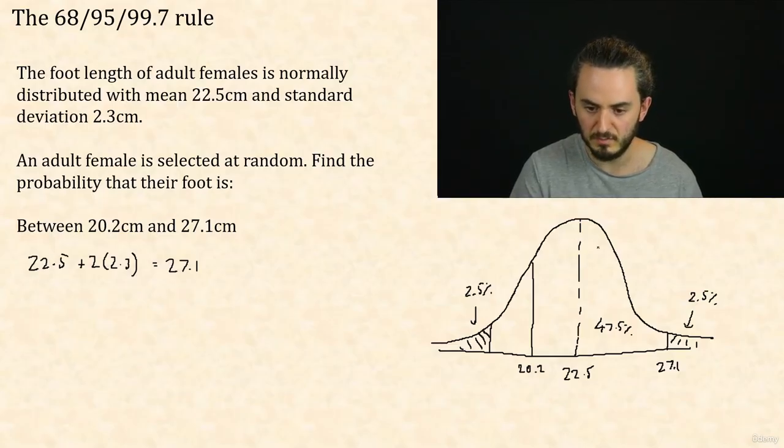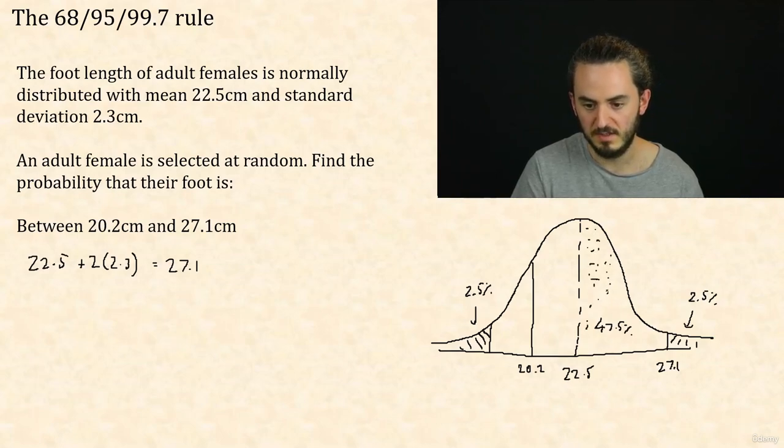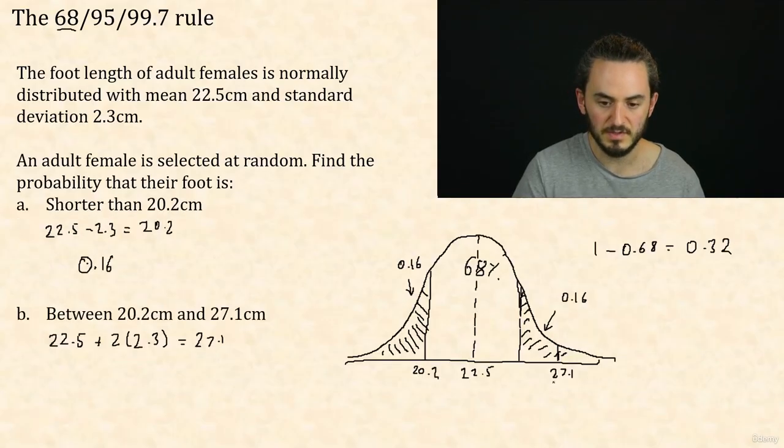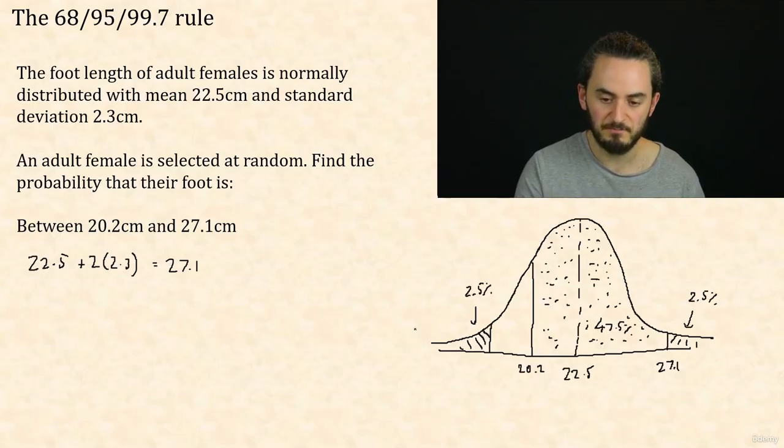So that 47.5% is this bit which I'm shading here. Now I also want this bit here. What's that? We worked out in the first part of the question, if I flip backwards, that we had 16% over in this wedge on the left-hand side.